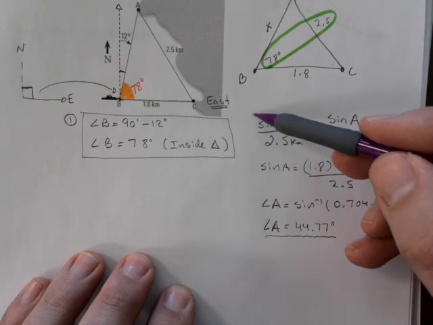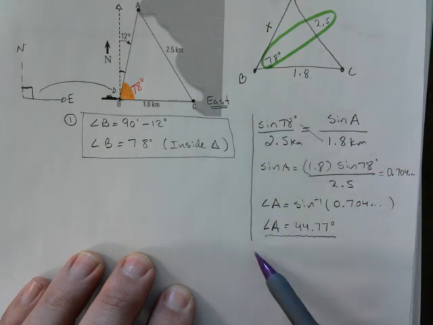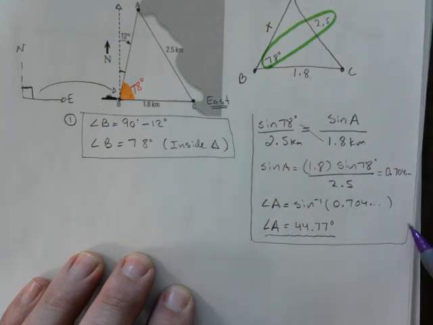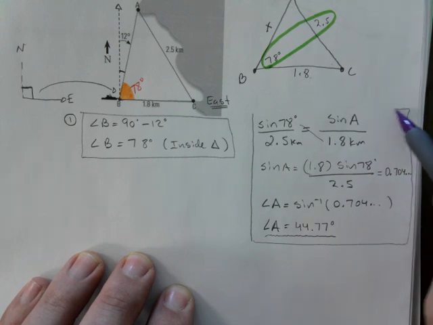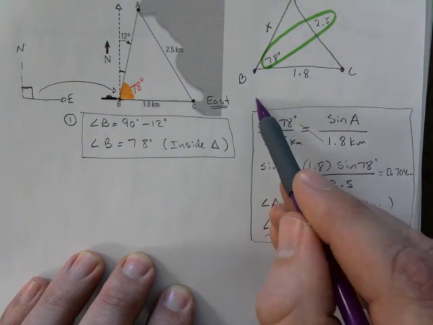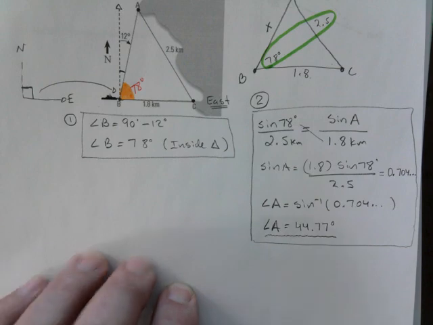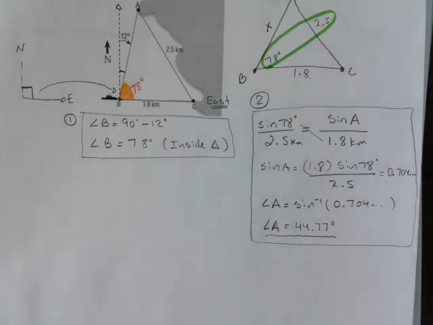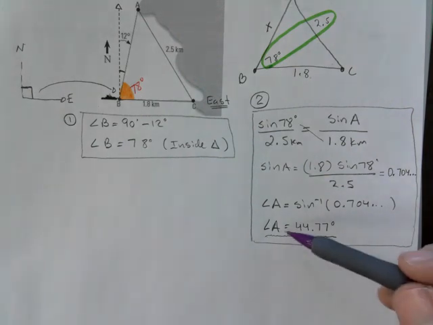So I will box this in to show you. This was step number 2. Okay. So step number 1, I got an angle inside the triangle. That's always number 1. You need some angles, right? Step number 2, I proceeded to solve for angle A, right?